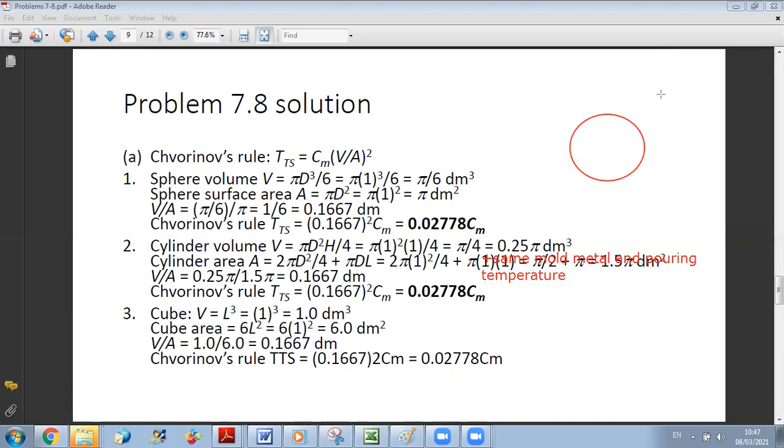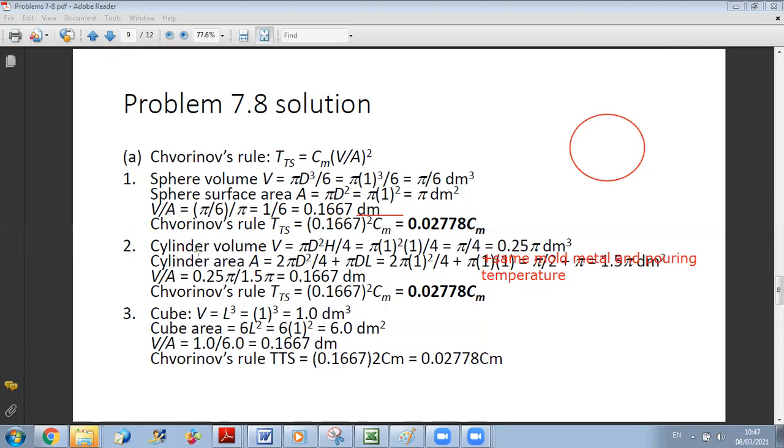Now, for the surface area of the sphere, it's pi d squared, or 4 pi r squared. So it's pi times 1 squared. We get in this way V and A. When you have the ratio V over A, you get that this ratio is in units of length. So it's 0.1667 decimeters.